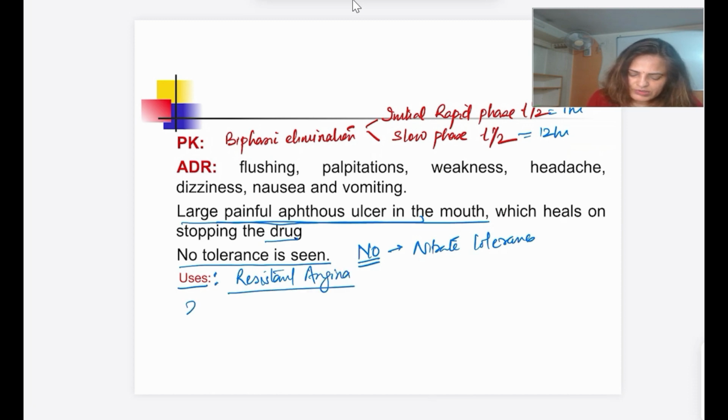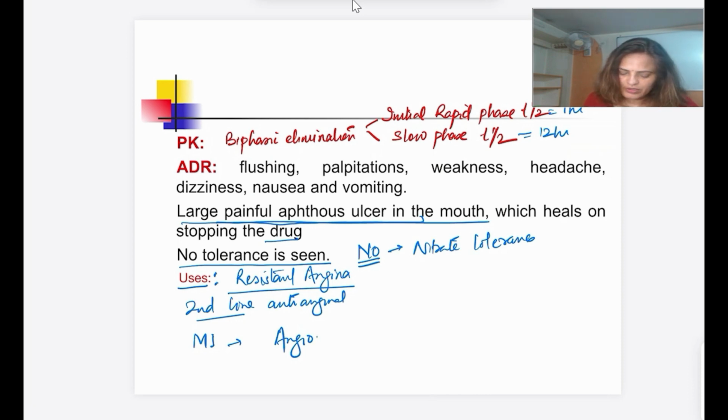Okay, so this is a second line anti-anginal drug. And in MI before angioplasty also, they say it is going to improve the outcome. So this is about Nicorandil.